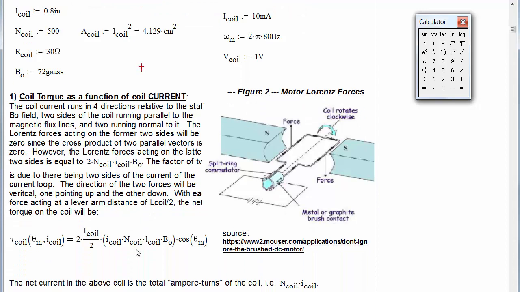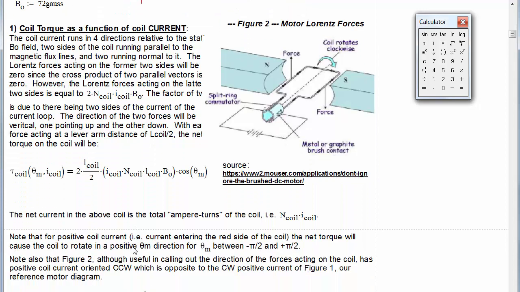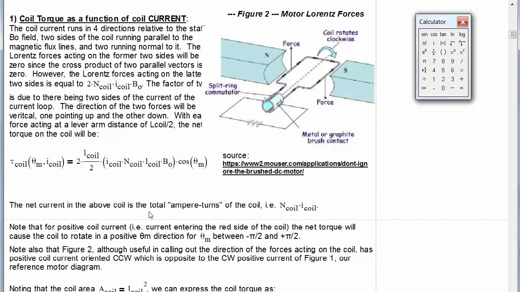Okay, so I won't go over all the theory here because we've talked about it in person, but I'll scroll through here so you can actually see my solution. Primarily we're looking at Lorentz forces that are going to be acting on the coil due to there being current flowing through that coil in the presence of a magnetic field.